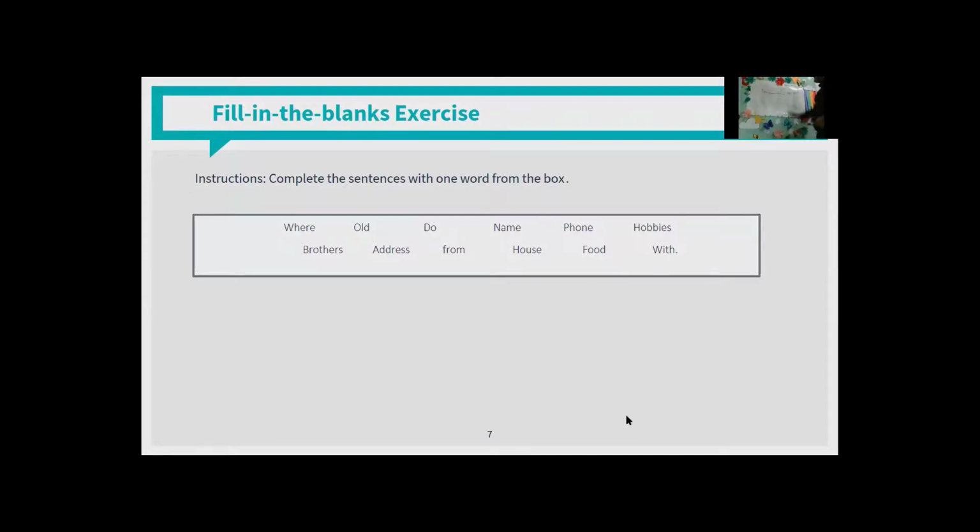The word is old. How old are you? Okay, in the blank spaces, you take this word from the box, and then you use the other words in order to fill in the blank spaces with the correct word for the question.